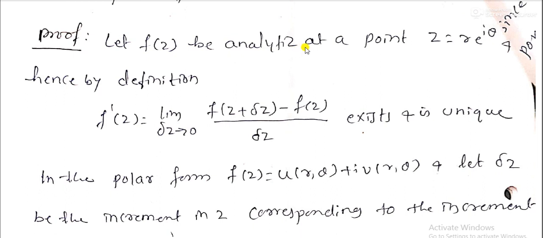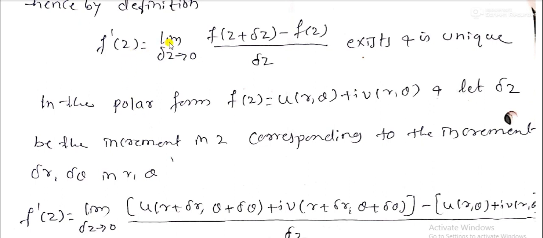Let f of z be analytic at a point z is equal to r e raised to i theta. Hence, by definition, f dash of z is equal to limit delta z tends to 0 of f of z plus delta z minus f of z divided by delta z, which exists and is unique. In the polar form, f of z is equal to u of r comma theta plus i into v of r comma theta, and let delta z be the increment in z corresponding to the increments delta r, delta theta in r, theta.